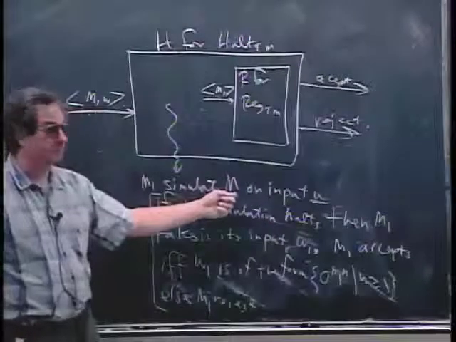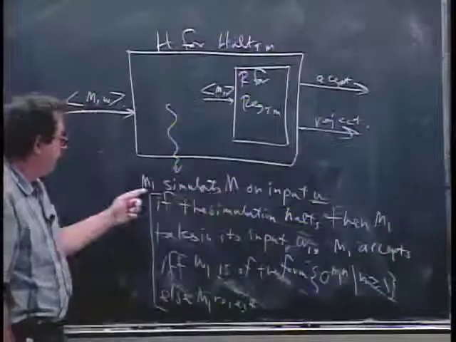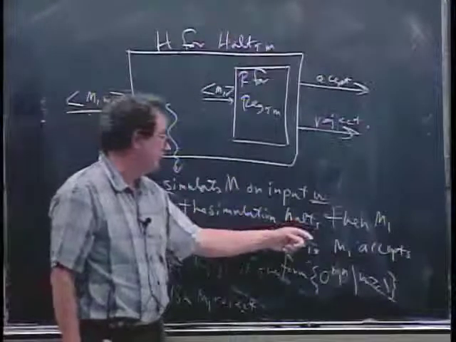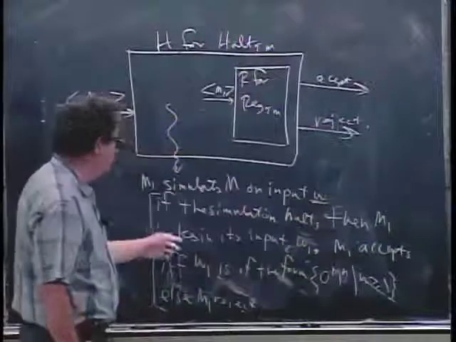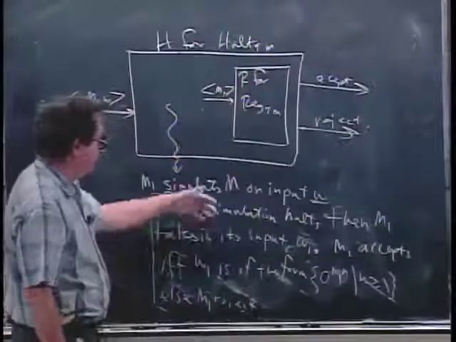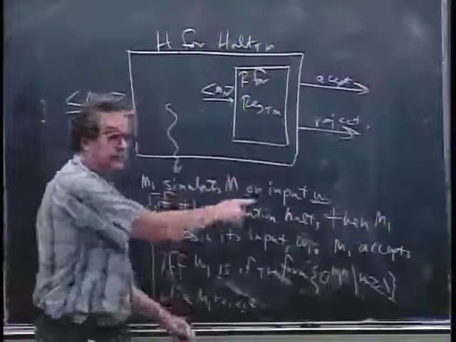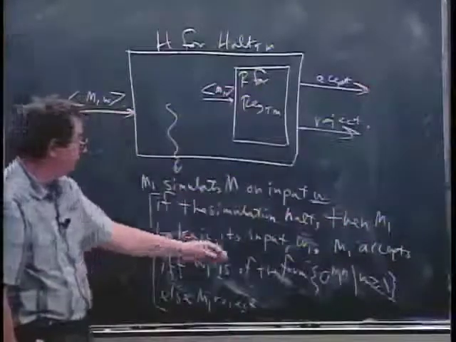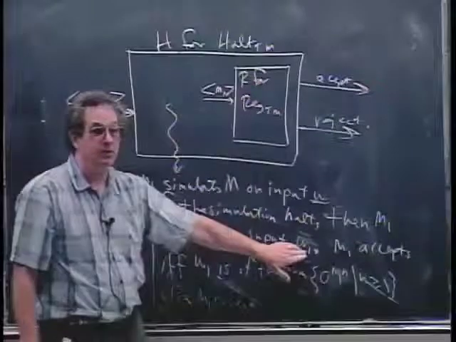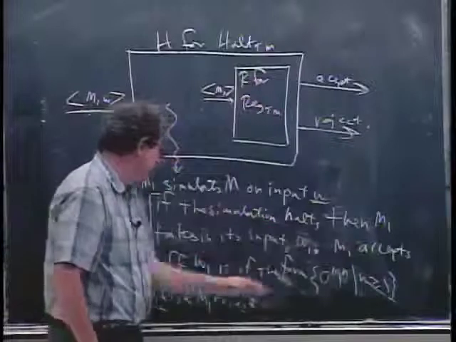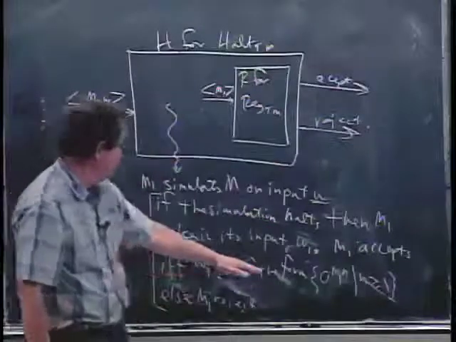That's the universal Turing machine, and we know what it means to halt. If it halts, then M1 would finally look at its actual input, W1, and accept if and only if W1 is of that form.